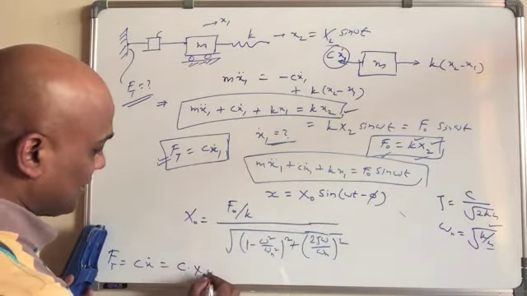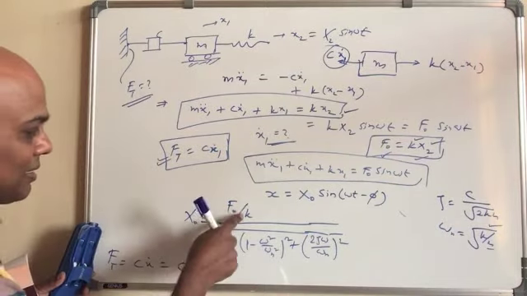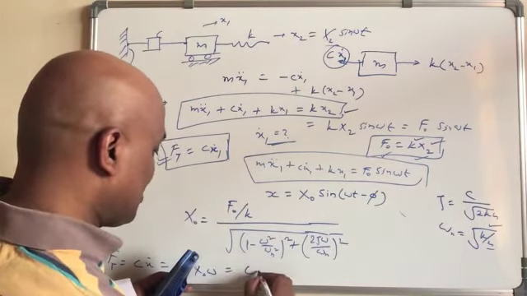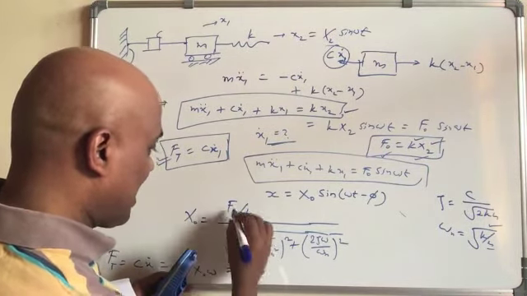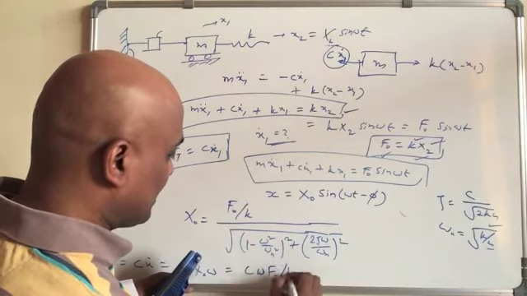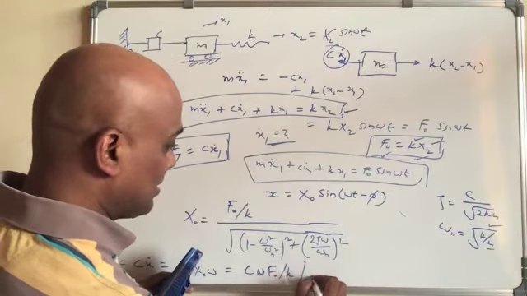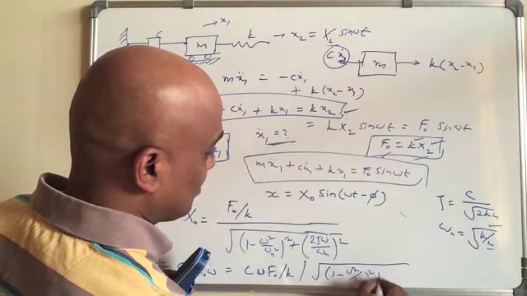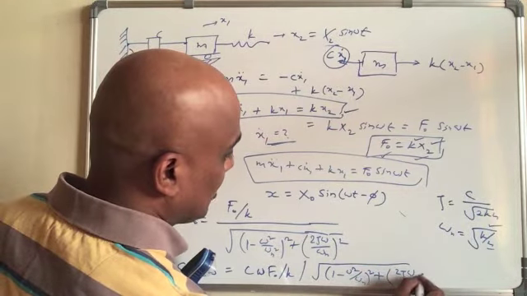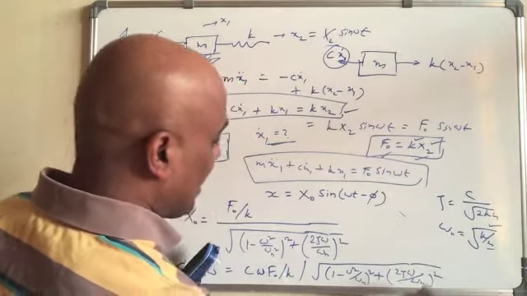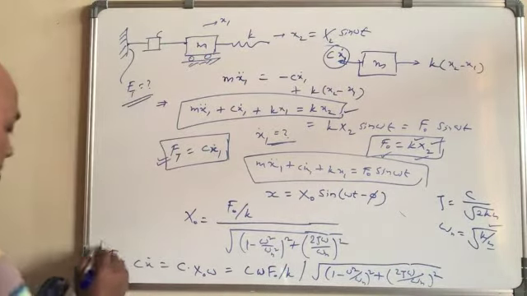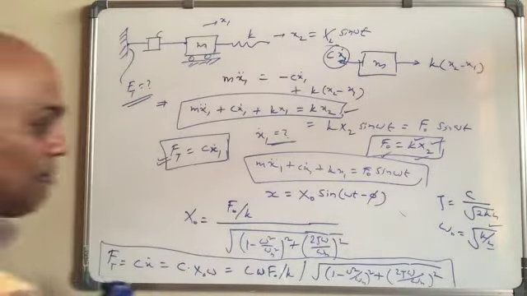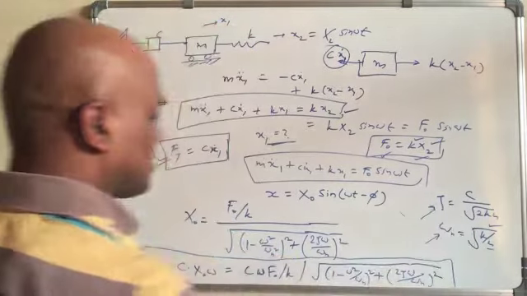So c times omega times F naught divided by k, divided by the whole square root term: (1 minus omega squared over omega n squared) squared plus (2 zeta omega over omega n) squared. Actually, this is the answer. F_T will be equal to this, where omega n is equal to this.